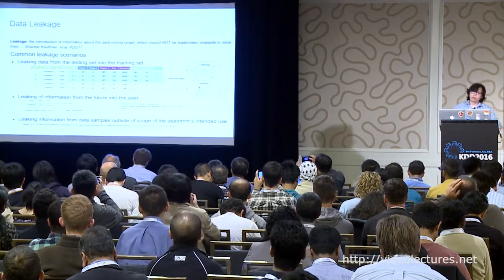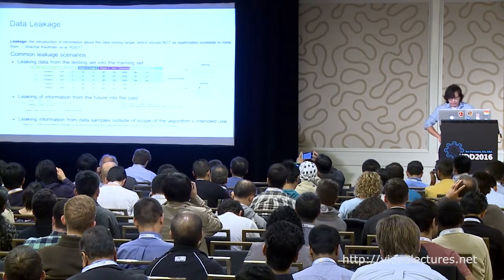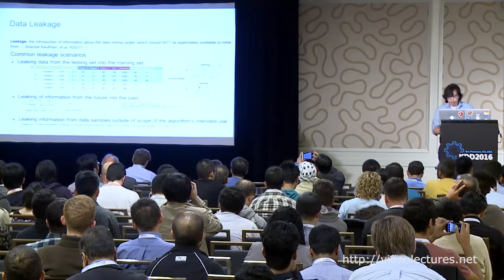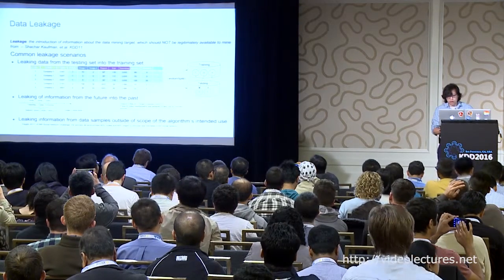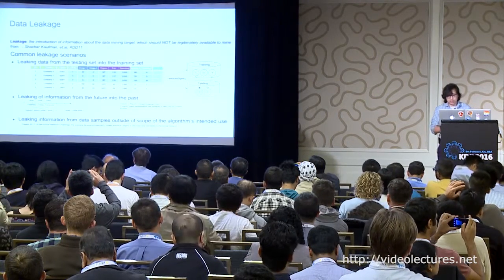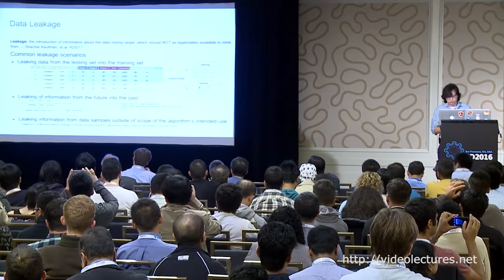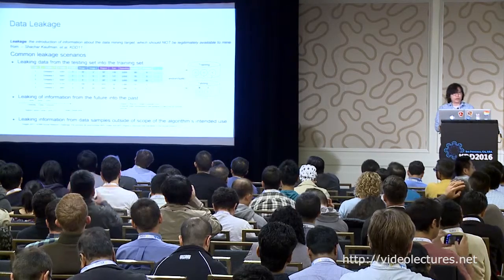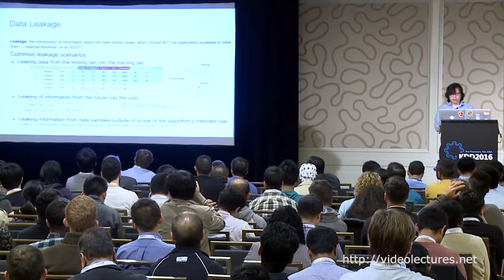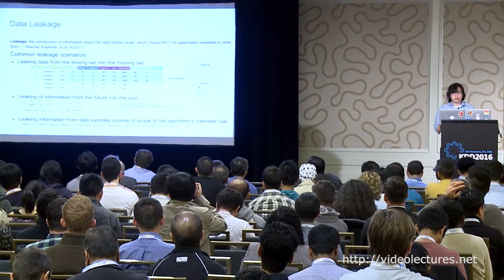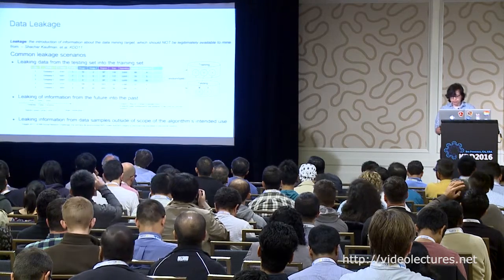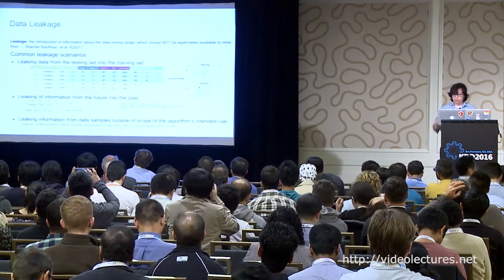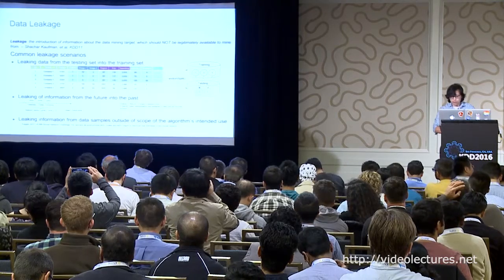They defined data leakage as the introduction of information about the data mining target which should not be legitimately available to mine from. And here I'm highlighting three common data leakage scenarios.